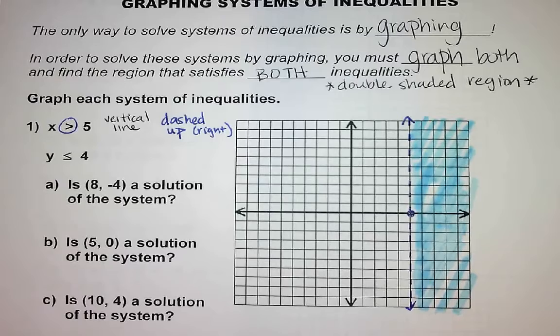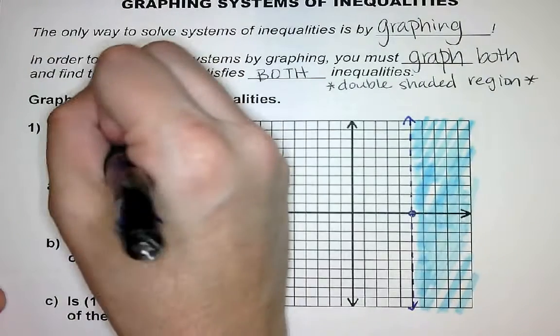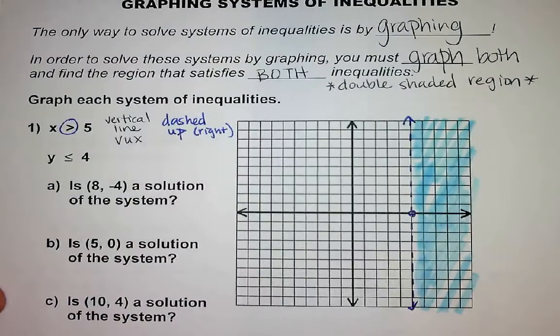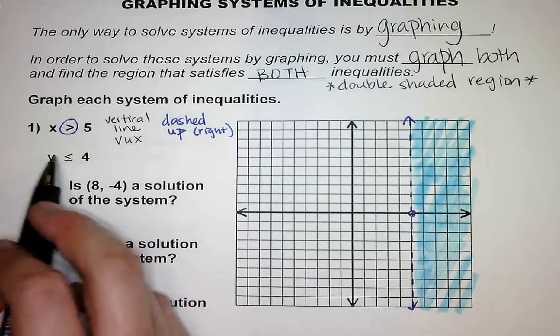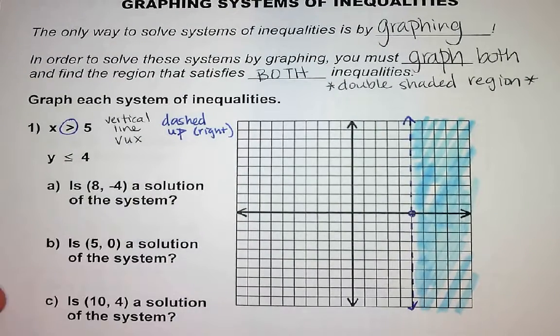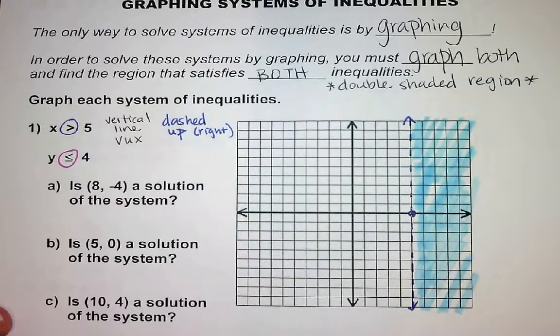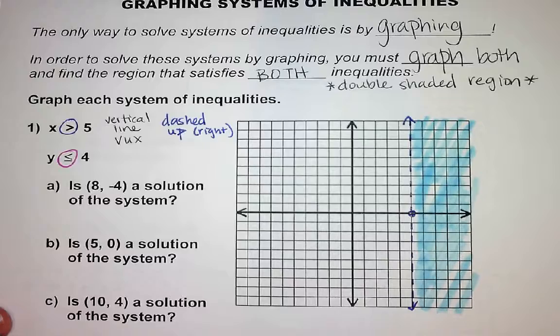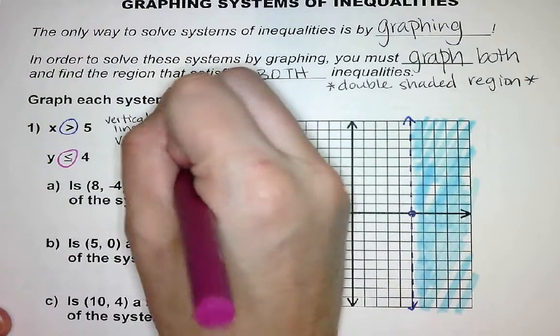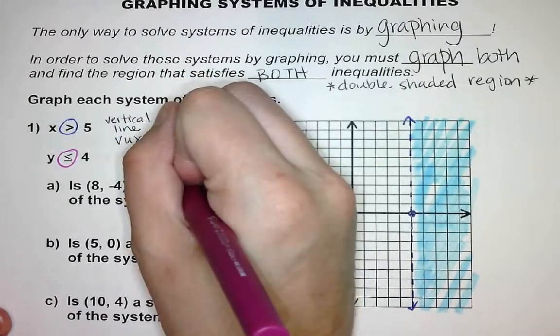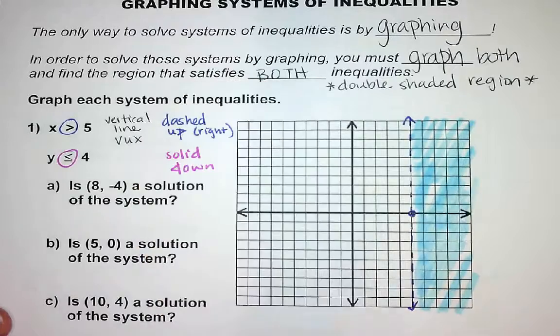Now for our second line, the first was a vertical line. You can think of the whole VUX thing if you need to. For this one, y is less than or equal to 4. What kind of line are we dealing with, dashed or solid? Solid line, and we are going to shade down.